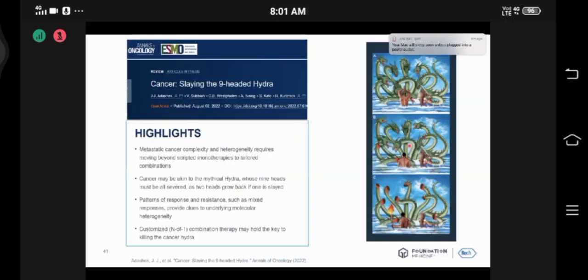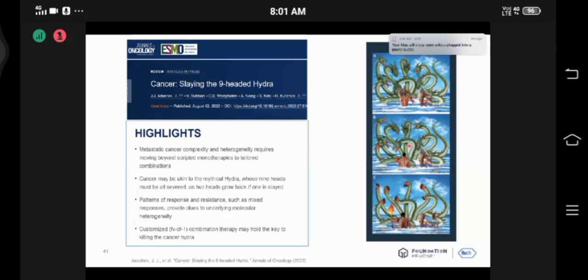So metastatic cancer is beautifully represented in this particular picture here. Think of metastatic cancer as a 9-headed hydra, where the complexity and heterogeneity of a metastatic cancer requires us to move beyond scripted monotherapies to tailored combinations.